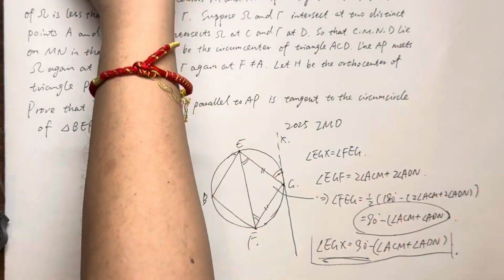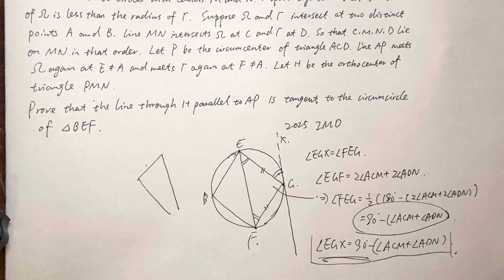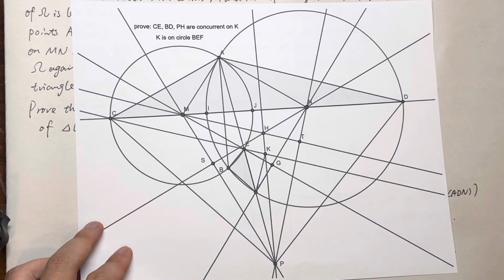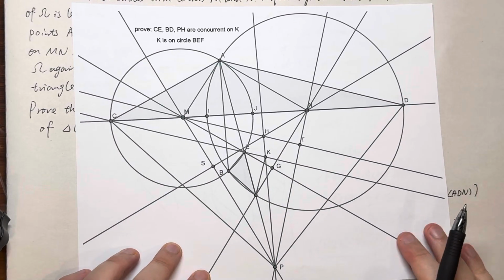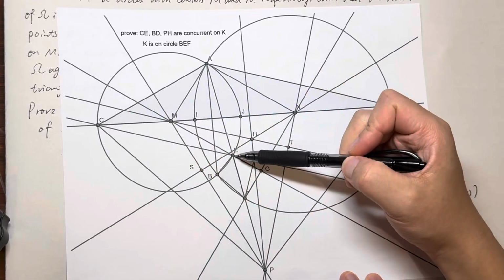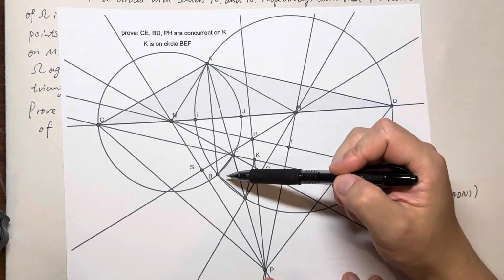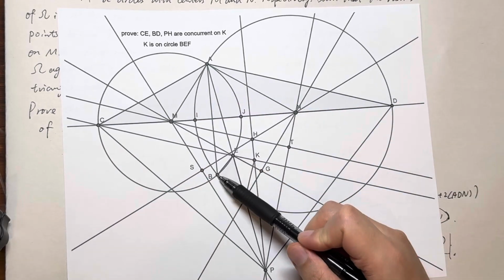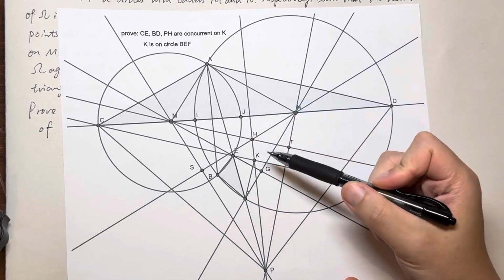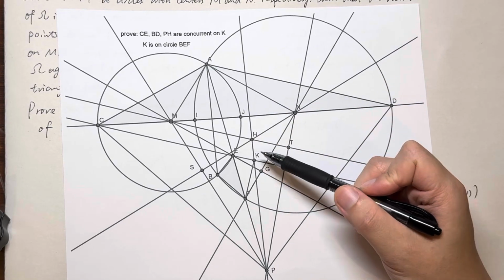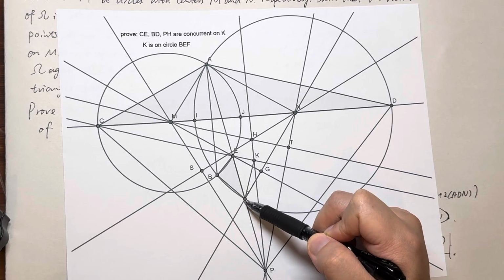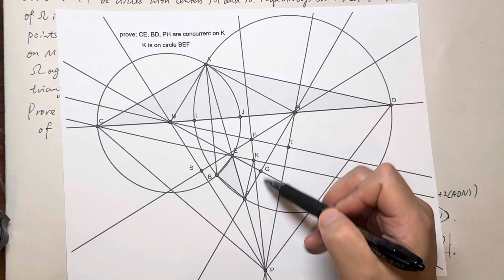And I want to do some extension for this problem. Here, we also want to prove that CE, BD, and PH are concurrent on this point K. And K is also on the circle BEF, the circumcircle of triangle BEF.